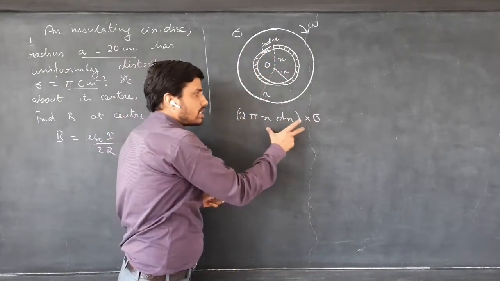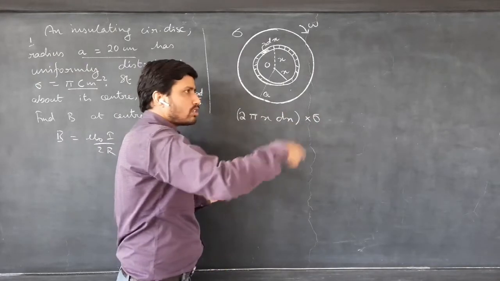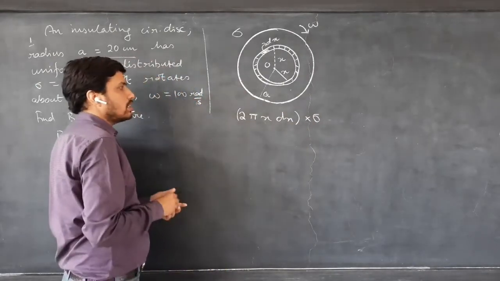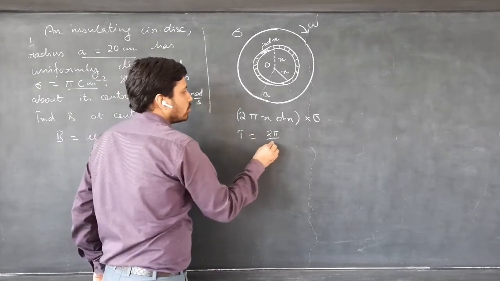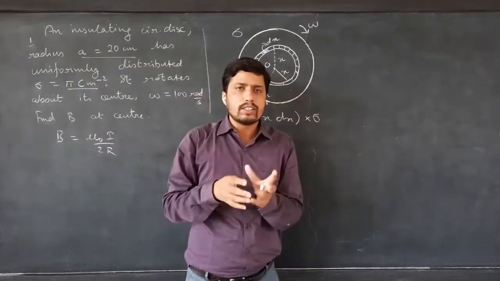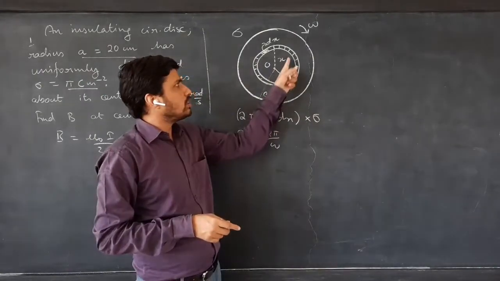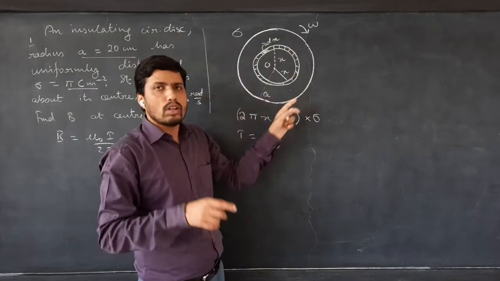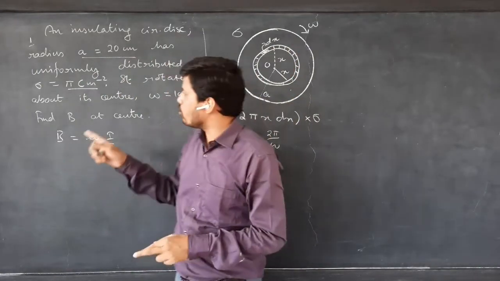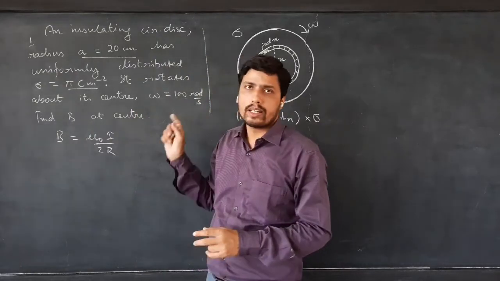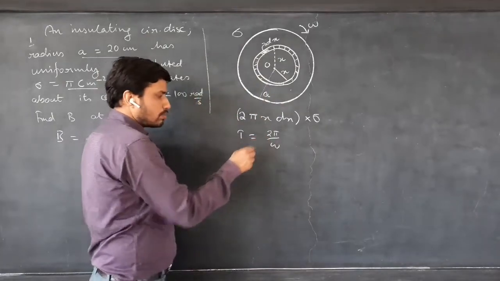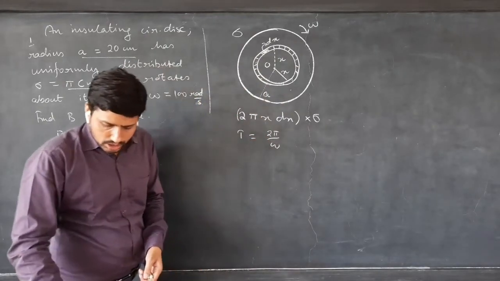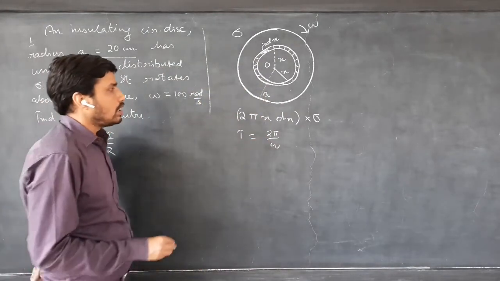So this much charge is present and this much charge is rotating with some time period. What is the time period? Time period is 2 pi by omega. Now on that disk, all the different points have same omega. Omega is equal to 100 radian per second. So time period and omega, students, you know, they are related using this particular relation. So T is 2 pi by omega.